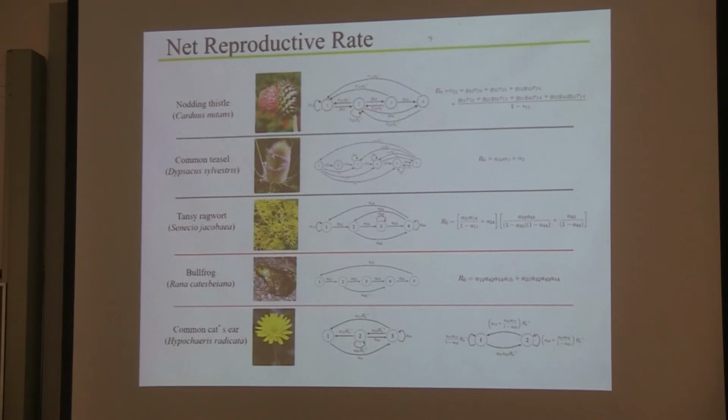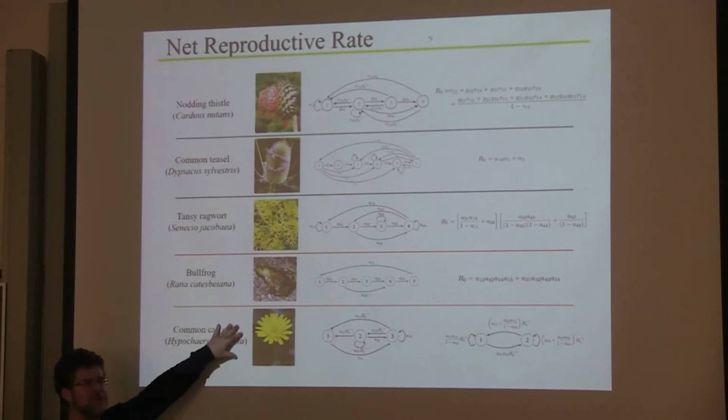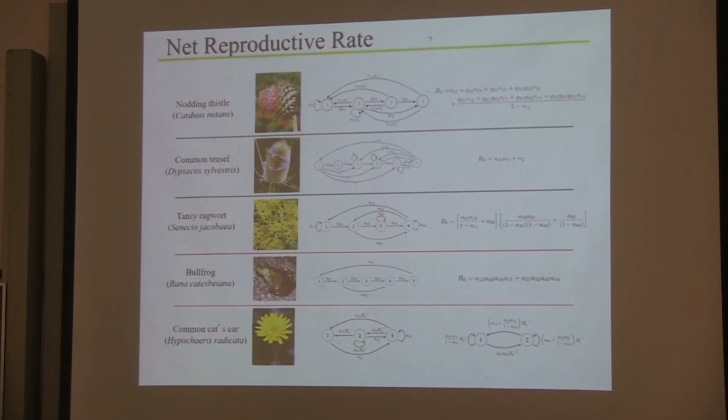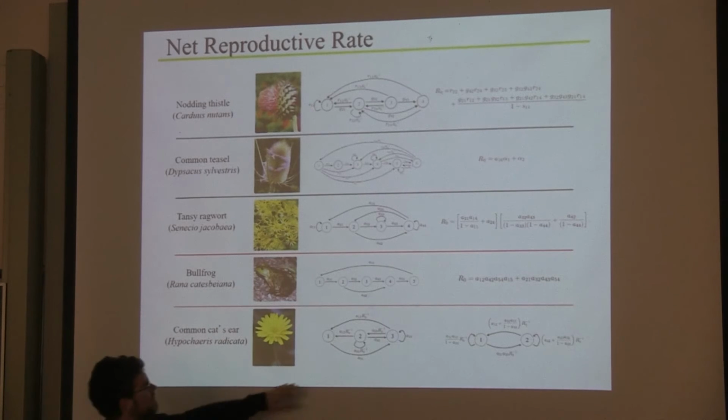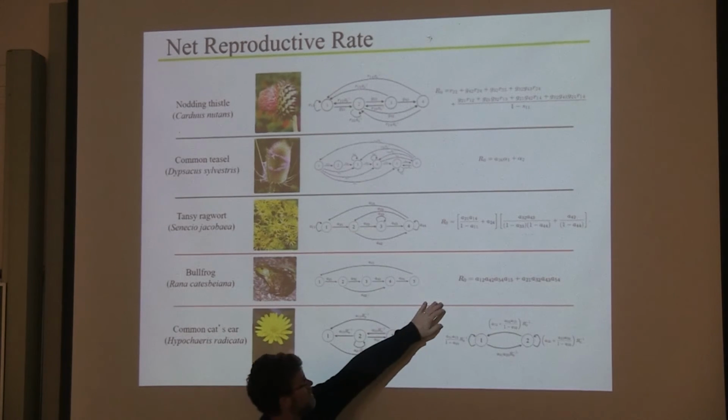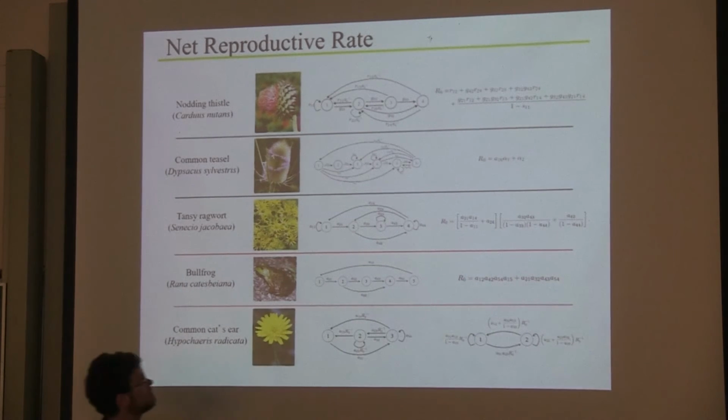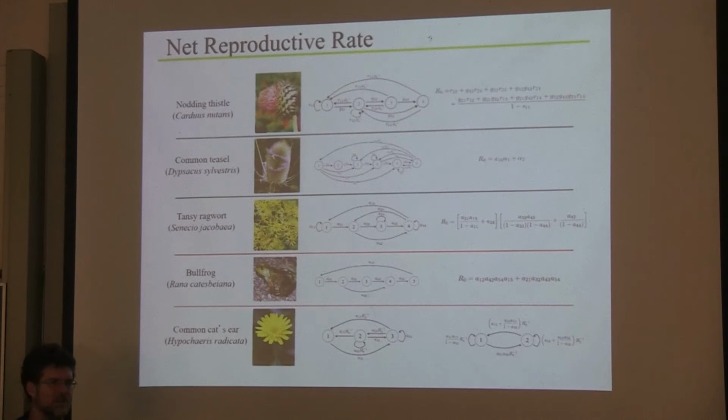We can apply this to all kinds of different invasive species. It's not too hard to write down the life cycle graph, and we can often compute the R naught explicitly. But the difficulty now comes in parameterizing the model. This is where the lion's share of the work is, because we need to understand the quantities that go into that matrix.